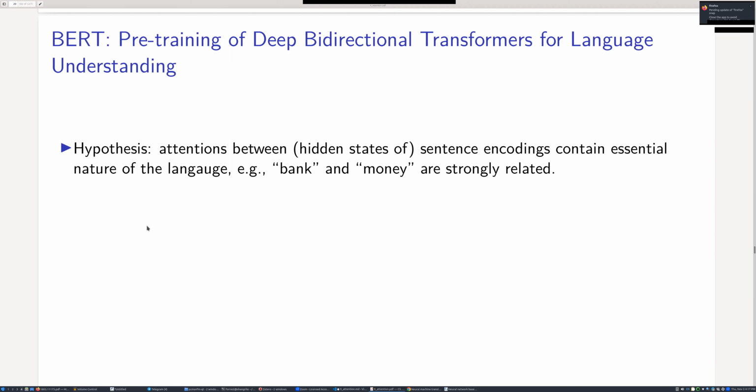Okay, so this opens a new horizon in NLP, which is called the pre-trained language model, PTM, or large language models. BERT is the first paper to show that the attention mechanism can exhibit this property, that we can learn the general knowledge of a language through the attention mechanism, and therefore for any other tasks, you probably don't have to retrain this attention mechanism from scratch.